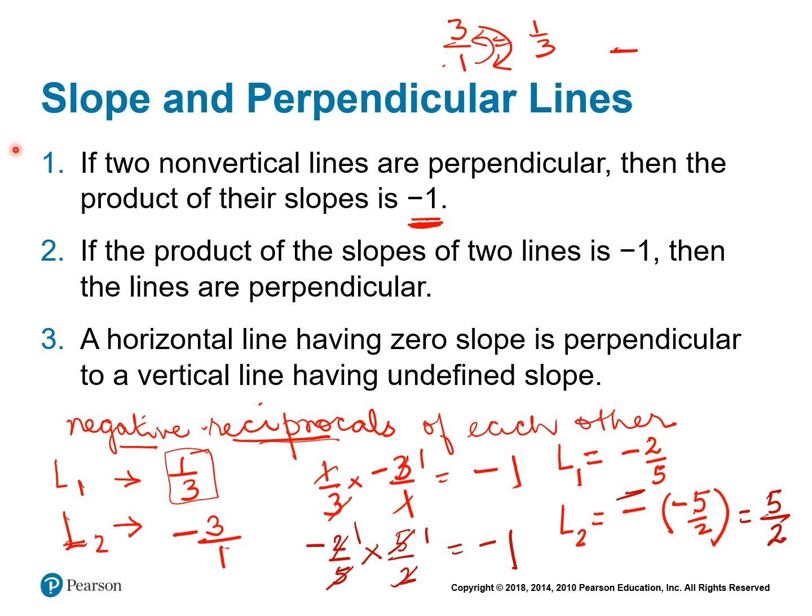Whereas in parallel lines the slopes will be exactly the same. If one line has a negative slope, the other line will have the exact same negative slope. If one line has a positive slope, then its parallel line will have the same positive slope.